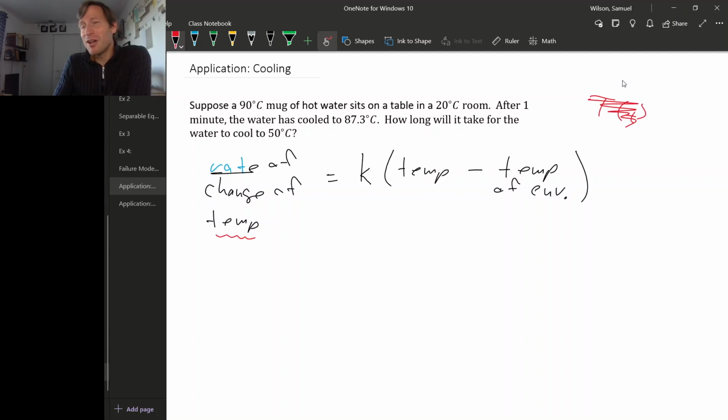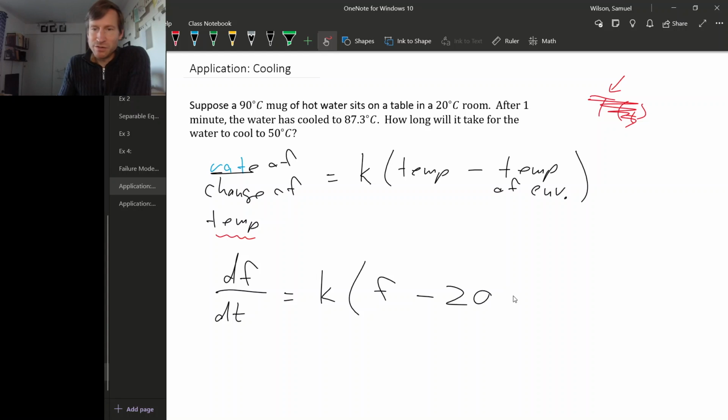So instead, let's just call the function f. The rate of change is on the left-hand side, so that's df dt, and it's some constant times the temperature, which is f, minus the temperature of the environment, which is 20 degrees. So we end up with this differential equation.